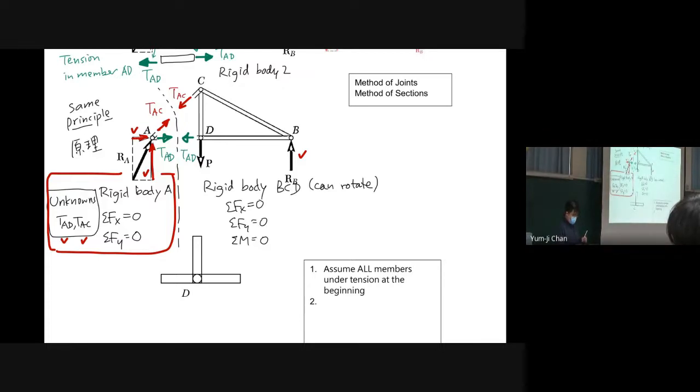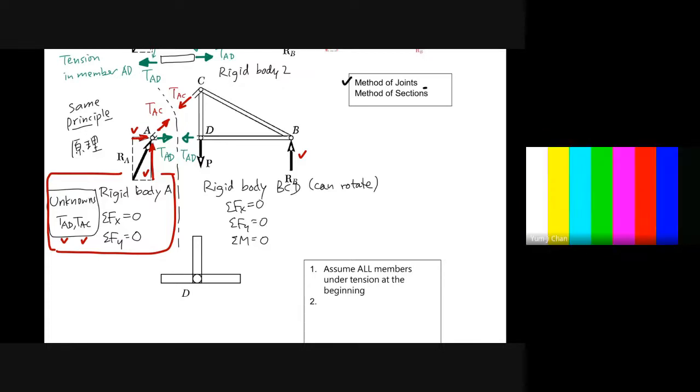We are using method of joints in this course.